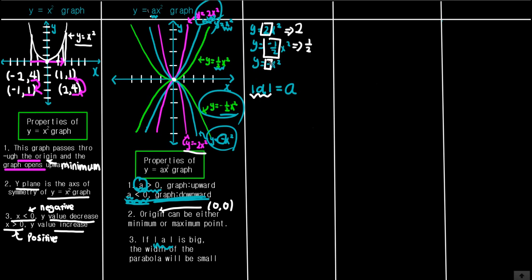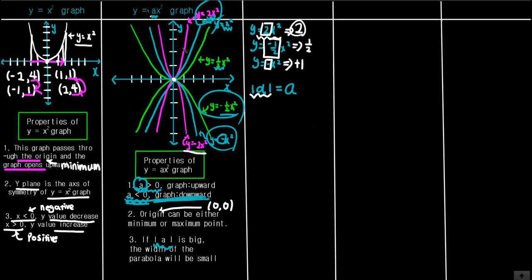And for negative x squared, the coefficient of the x squared term is negative 1, but the absolute value is positive 1. So if you compare these three, according to our property, y equals 2x squared has the smallest width.